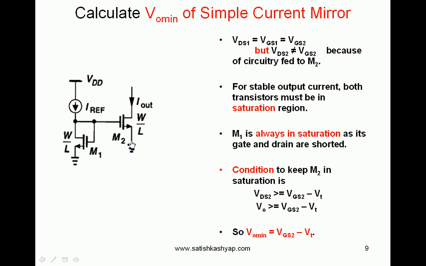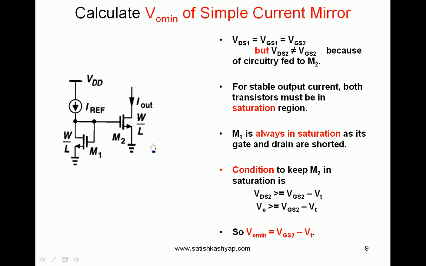But for stable output current, that is for proper operation of the current mirror, we must get I out stable. I out stable means it must be in saturation region. Both transistors must be in saturation region for stable output current because only in saturation region are currents constant. M1 is always in saturation as its drain and gate are shorted.